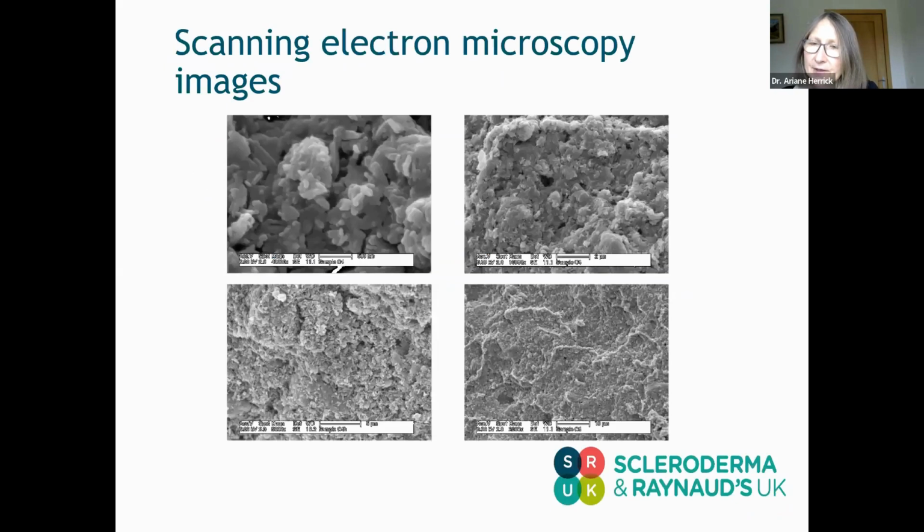So here you see some examples of what are called scanning electron microscopy images. I'm grateful to my colleagues in the Department of Chemistry at the University of Manchester for supplying these. They're different magnifications. At the top left is the highest magnification, but they're rather nice images, I think, of these calcium-containing salts.